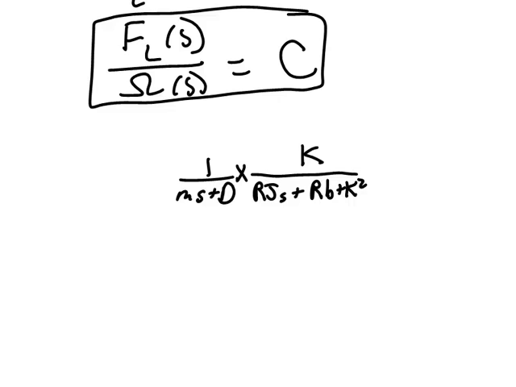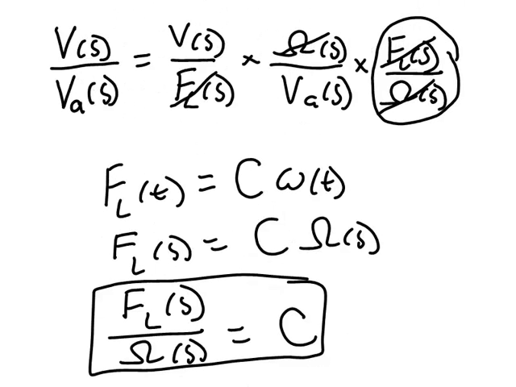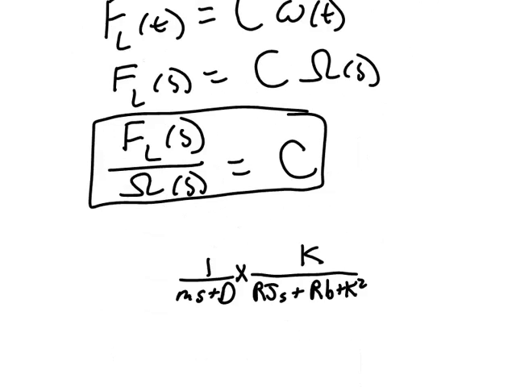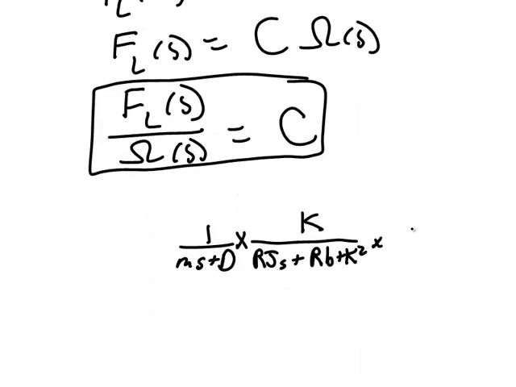Finally, the last piece we need is FL over omega. And this will give us our complete equation, V of S over VA of S.